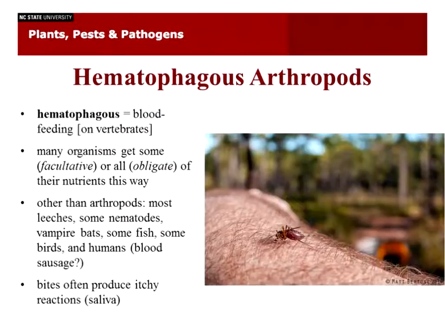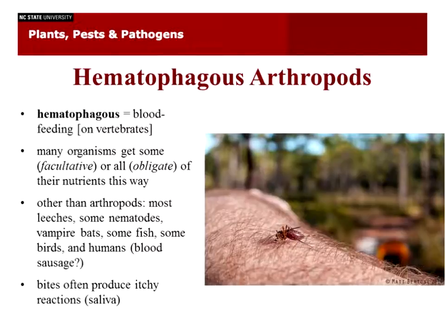Now, other than the arthropods, animals that suck blood fall in actually only a few categories, arthropods being the most common. So, for instance, most leeches, some nematode worms, of course, vampire bats, somebody mentioned bats, some fish, like the South American kangaroo fish and things like that, feed on blood of other fish and humans.